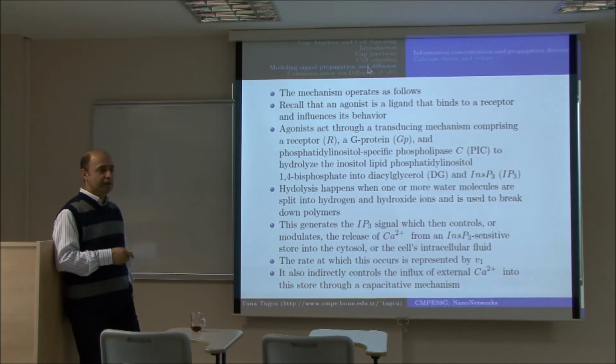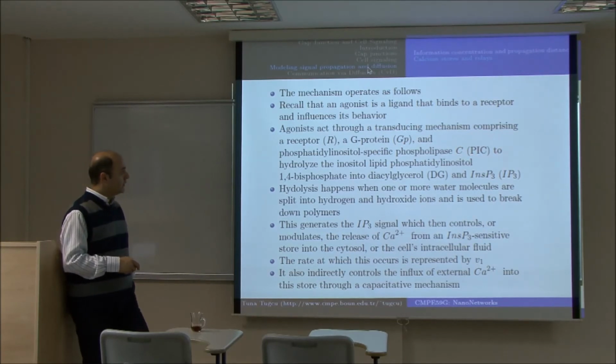The moral of the story is the following. An external agonist will arrive at the receptor. It will bind with the receptor, which will affect the G protein, which will cause another reaction for the PIC to hydrolyze into DG and IP3.